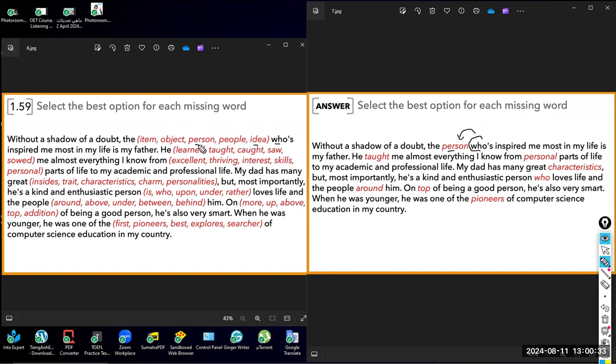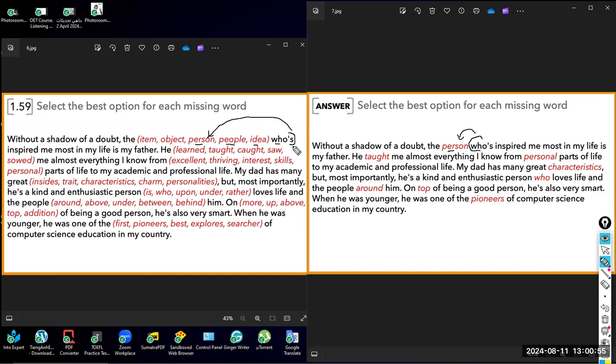So we have two words I have to select, which are person and people. Now, which one? Is it person or people? Keep in mind that after who, we have the verb is. Who is inspired me? Because is a singular verb, so I have to use what? Person.